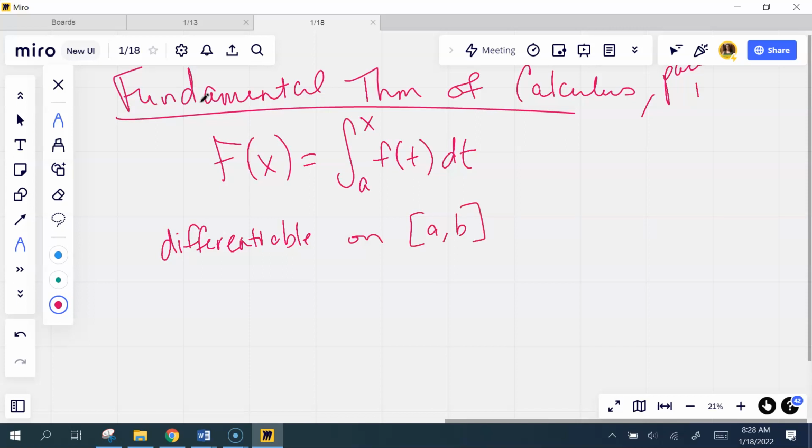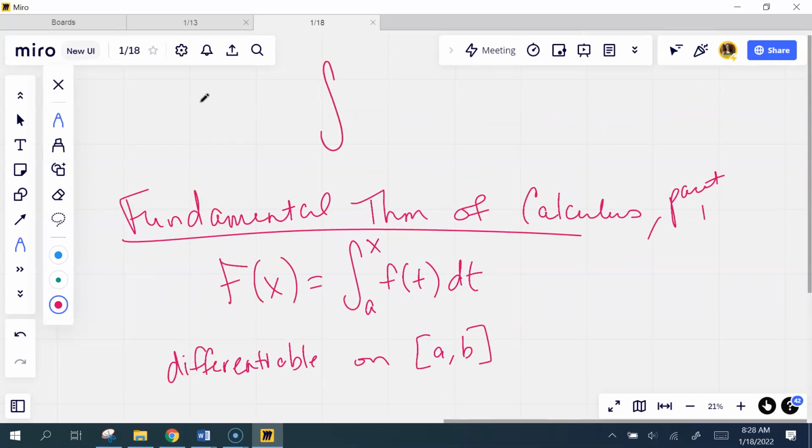So you can flip it back and just throw a negative sign in front. You can always flip those bounds and just negate the answer at the end. That always works.